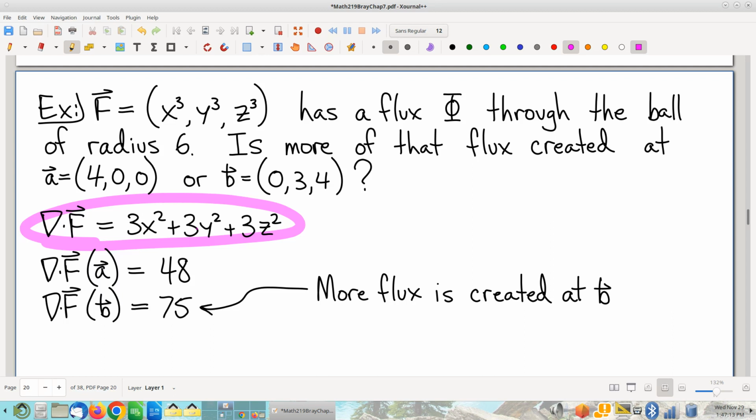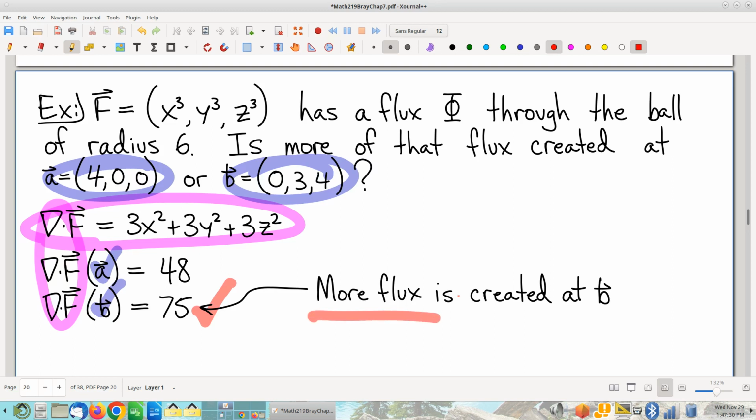It's that analogous, right? So you take divergence, you plug in the two different points that you're interested in, and then you just look at these values and ask which one's the biggest. Okay, it looks like that's the bigger value of flux density. So that's where more flux is being created. Between these two points, there is more flux being created at B than there is at A.